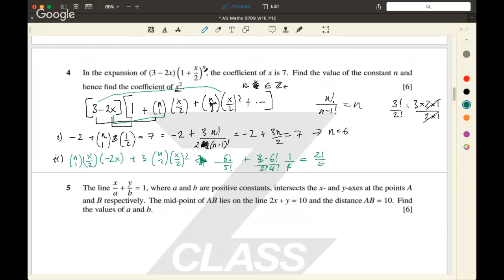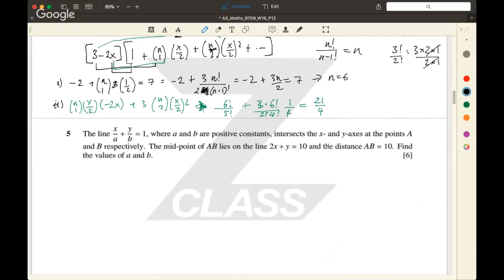And this will give you 21 on 4. So just purely applying the expansion and this formula for the n choose k notation, and realizing that you don't have to multiply everything out. You don't care about this 3 that you get from 3 times 1. You just care about the coefficients of the relevant terms.